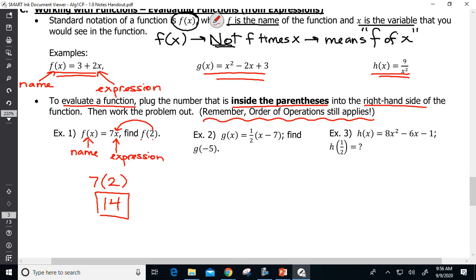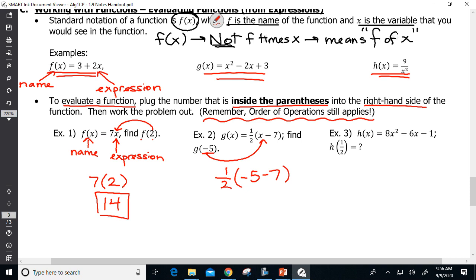Let's do another example. g of x equals 1/2 times x minus 7. Find g of -5. Same rule applies. Take -5 and plug it in for x. (1/2) times -5 minus 7.